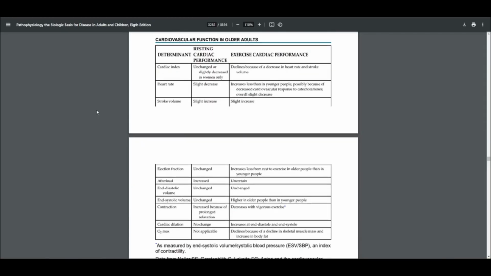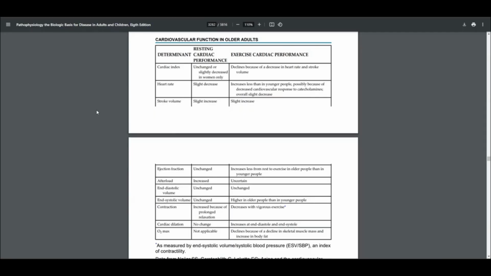So your cardiac index during resting cardiac performance is unchanged or slightly decreased in women only, whereas exercise cardiac performance declines because of the decrease in heart rate and stroke volume. Your heart rate during resting cardiac performance slightly decreases, as the exercise cardiac performance increases less than in younger people, possibly because of the decreased cardiovascular response to catecholamines, an overall slight decrease.